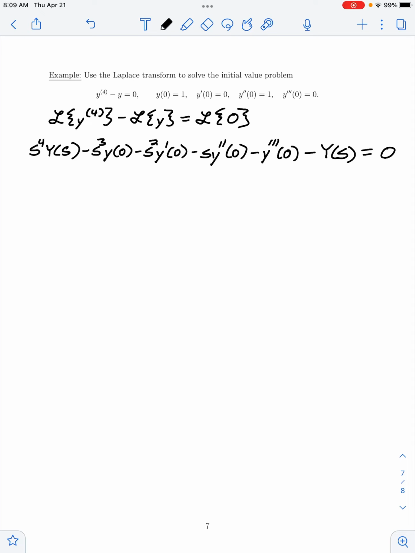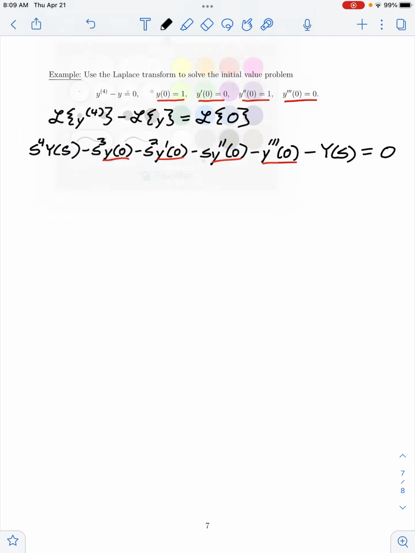And again, once I apply this lifting property, I have expressions involving the initial value of y or its derivatives. So I'm going to substitute my initial conditions into these expressions.